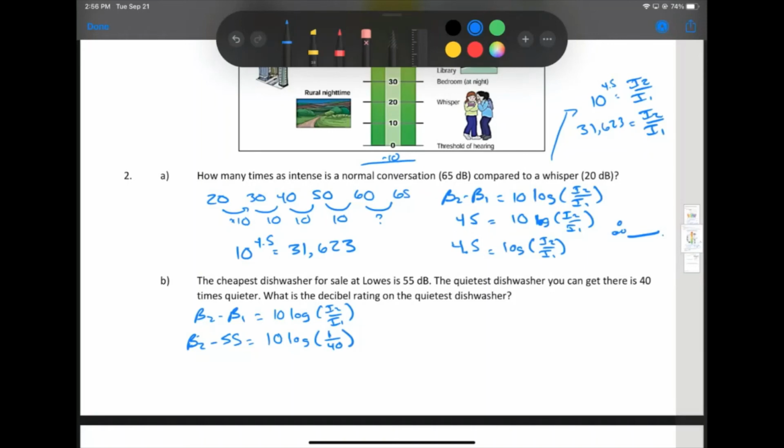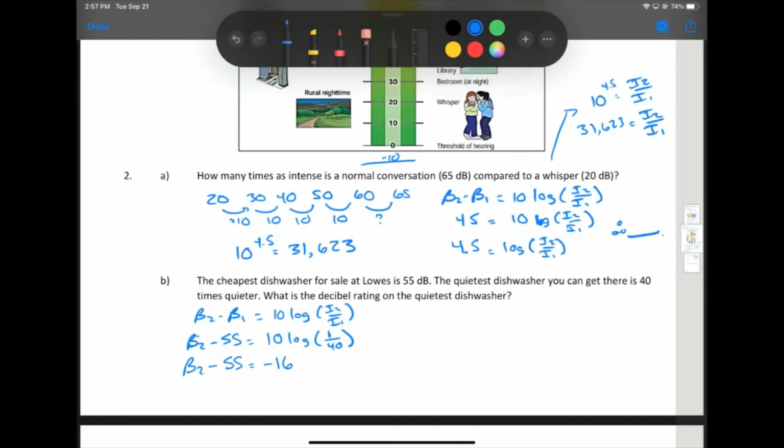And now I can just plug that right side into my calculator. The log of 1 over 40 is negative 1.6. Multiply that by 10. B2 minus 55 equals negative 16.02, but we'll just say negative 16.